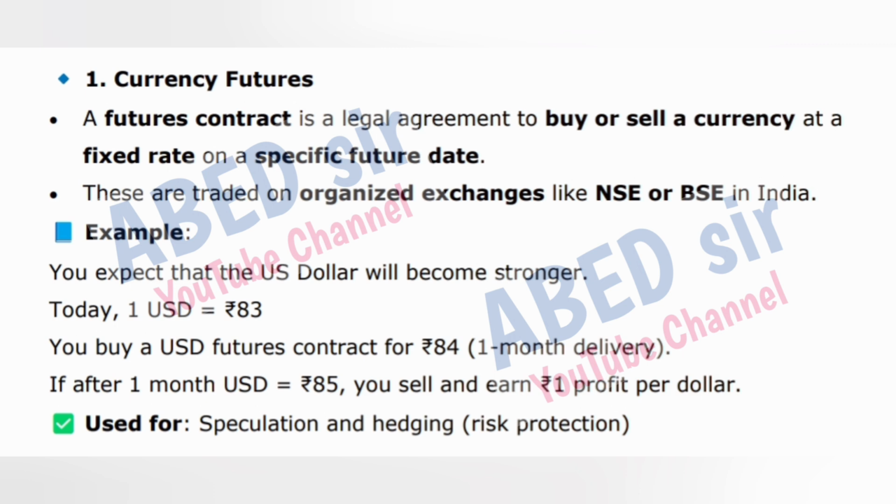Today, $1 is equal to 83 rupees. You buy a USD futures contract for 84 rupees, 1 month delivery. If after 1 month USD is equal to 85 rupees, you sell and earn 1 rupee profit per dollar. Used for speculation and hedging, risk protection.